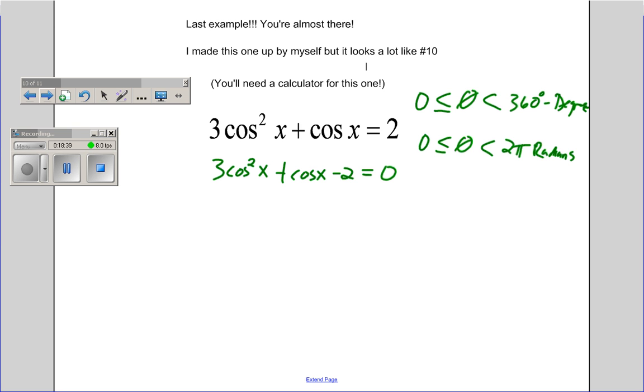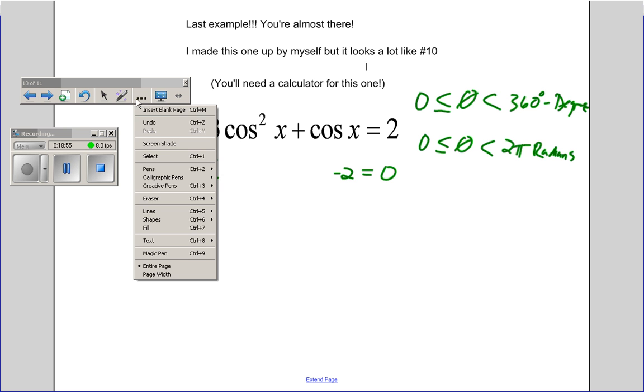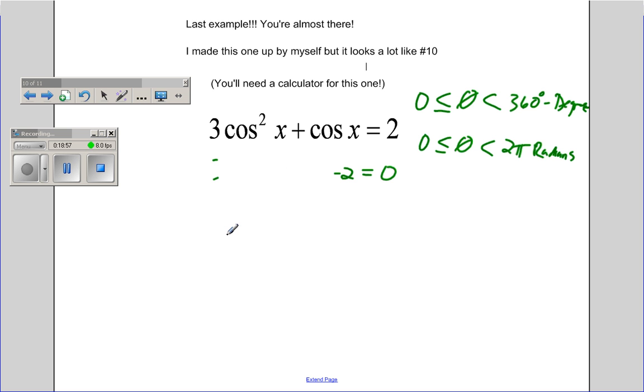So what does this kind of look like? If I took the cosine squared x's away and I just had 3x squared plus x minus 2.